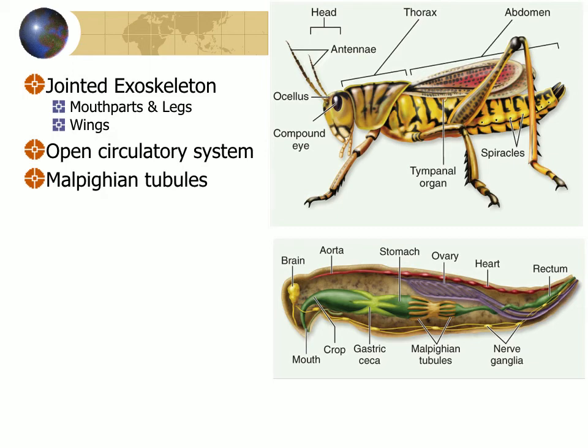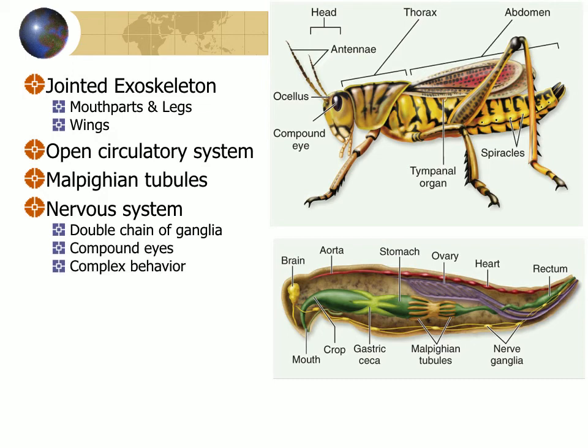They have an open circulatory system, but they have a really nicely well-developed excretory system and are very adaptable, have a good nervous system with ventral ganglia with compound eyes, complex behavior, and then a respiratory system of tracheal tubes and these spiracles that actually pump air to the inside of the body.